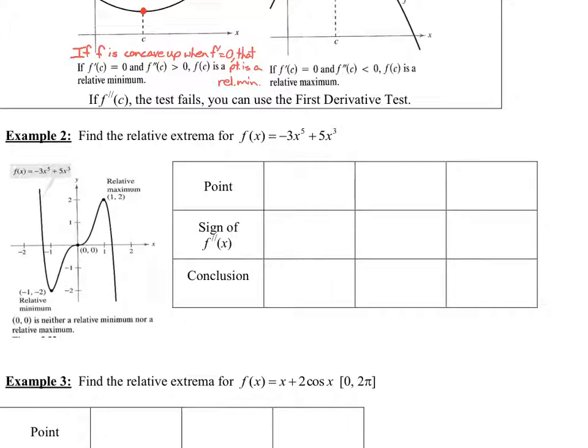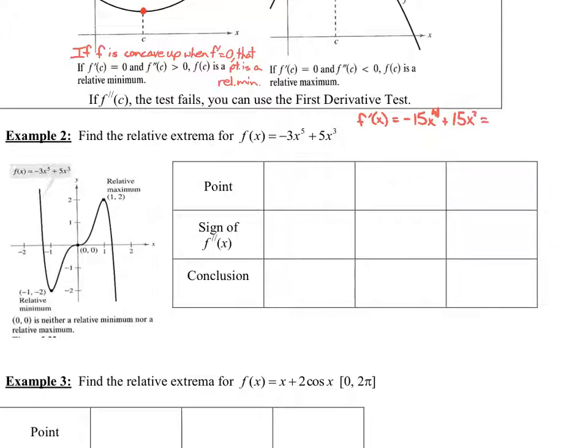So first of all, if I were to find f prime, that's -15x to the fourth plus 15x squared.